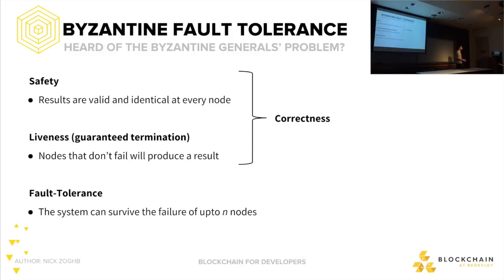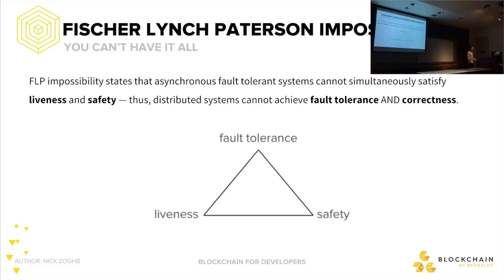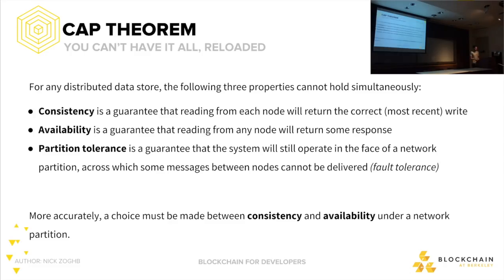And then, of course, you have fault tolerance. And so, the FLP impossibility is this notion that you can't have all three. Or rather, that you can't have correctness 100% and also remain fault tolerant. There's also a separate theorem that came out sometime in 2000 that describes sort of a similar issue with regards to distributed data storage.